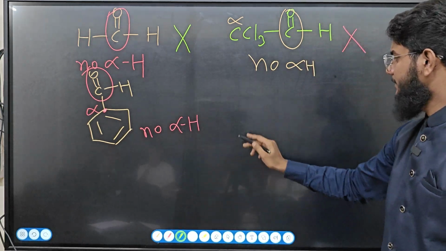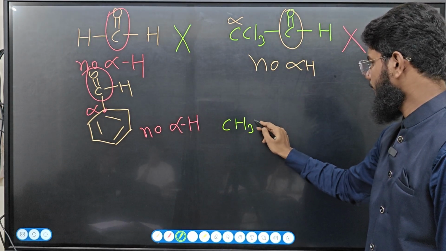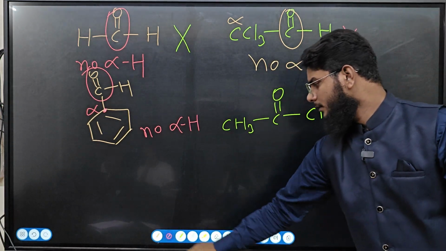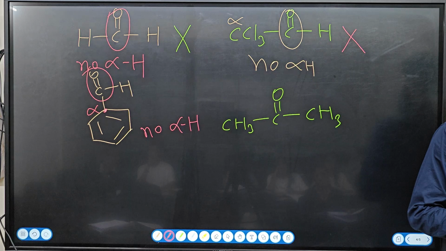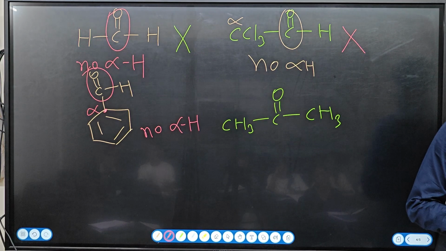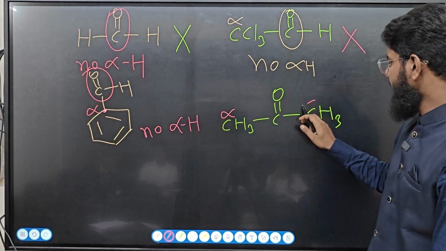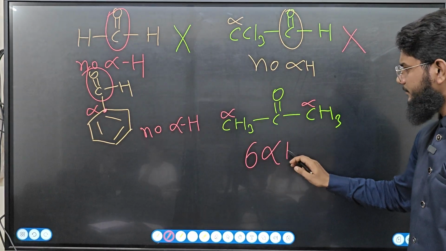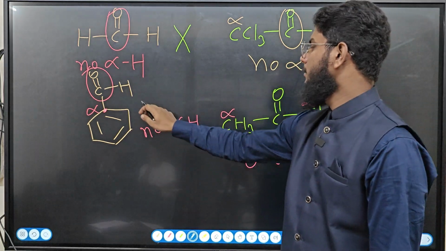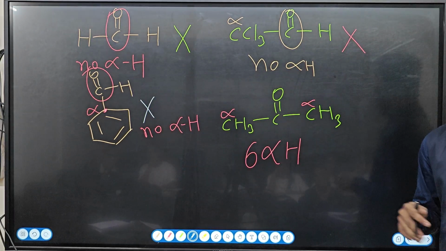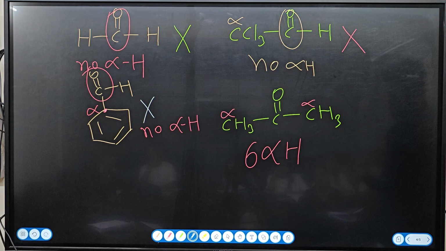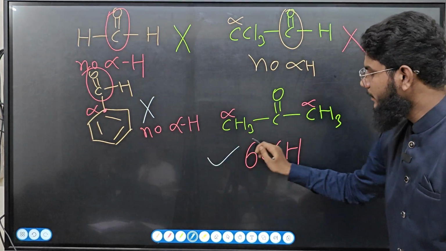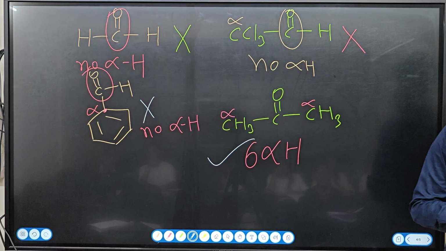What about this? How many alpha hydrogens are there? 6. This is an alpha carbon, and this is also an alpha carbon. So there are 6 alpha hydrogens. Will this one undergo aldol condensation? Yes, because there is alpha hydrogen, so this one will undergo aldol condensation.